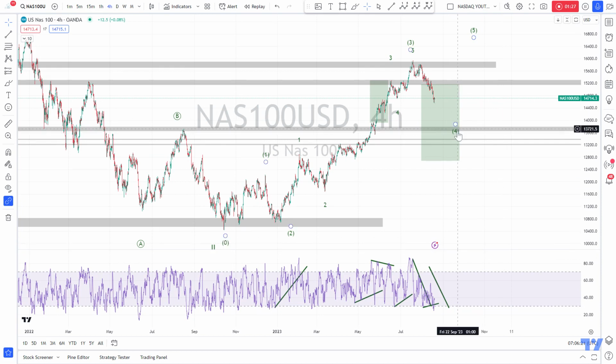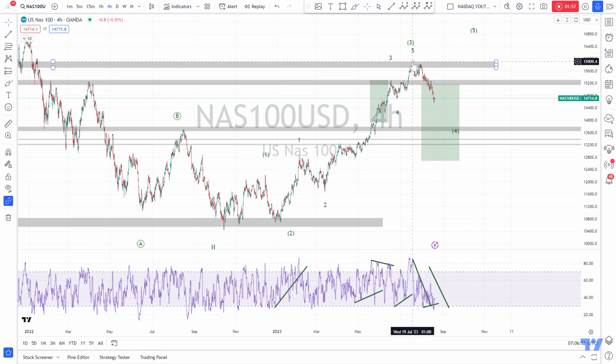So if this is a wave 4, we really need to start seeing upside from here. Be it as the start of a wave 5, or be it as some upside first, then to go into a second part of the correction again in 3, 1, 2, 3.